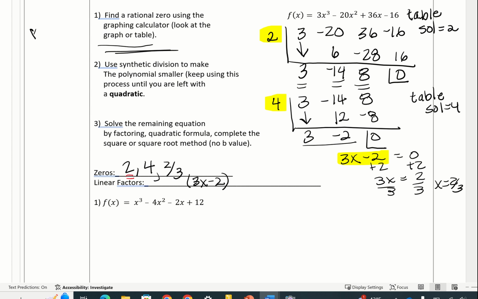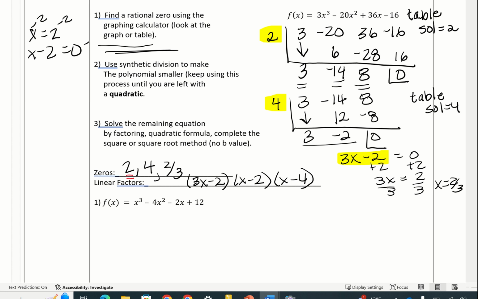Because remember, if x equals 2 and I want to get 0 on the other side, I just subtract that 2 over. So we must have had x minus 2 as a factor. And then our other factor will be x minus 4 because we want to get a positive 4, so it's going to be opposite. So that kind of is what we learned on that first part.